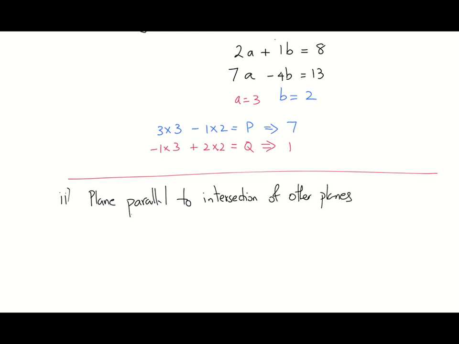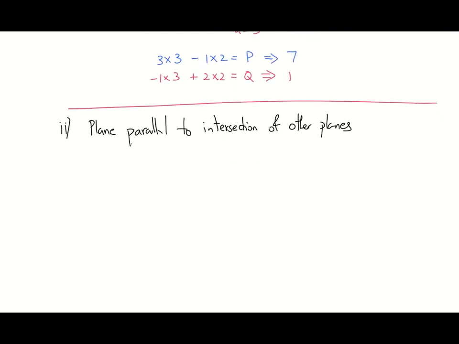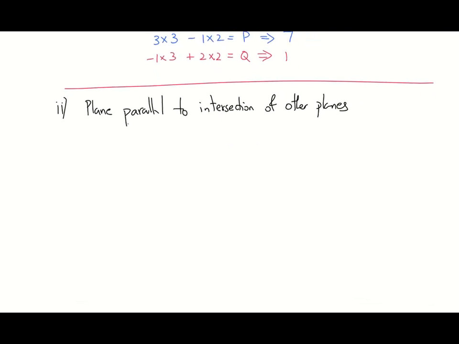What I mean is, you know how in the previous example we had something like x plus 2y plus 3z equals 1, and then 2x plus 4y minus z equals 7, 3x plus 6y plus 2z equals 2.